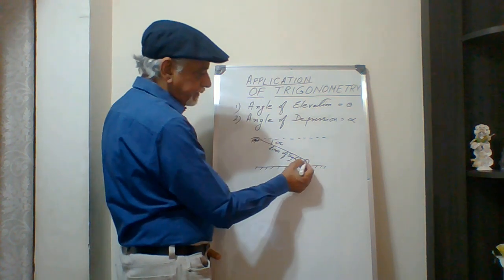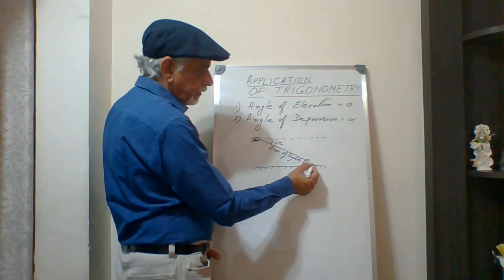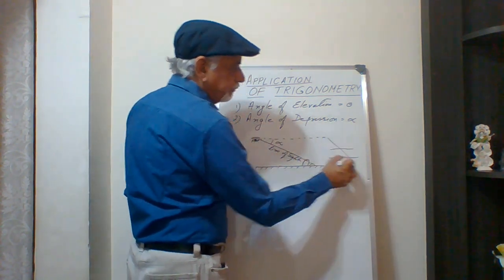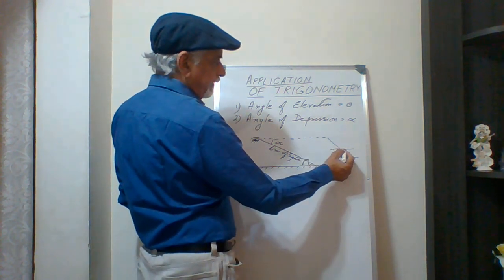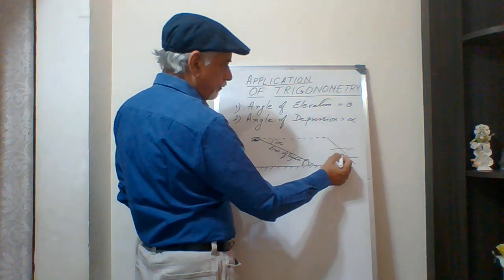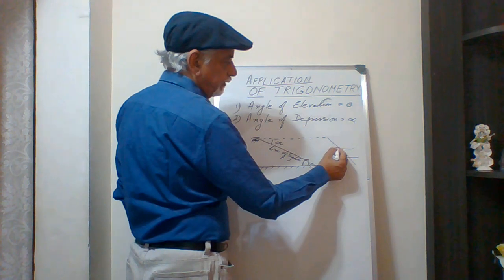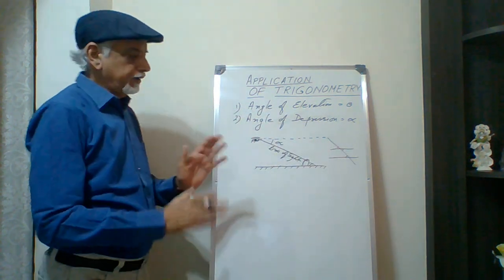And this angle will be the same as I produce this angle, because as per the law of transversals, this angle should be equal to this angle, right? Or you can say this angle is equal to this angle, alternate angles.